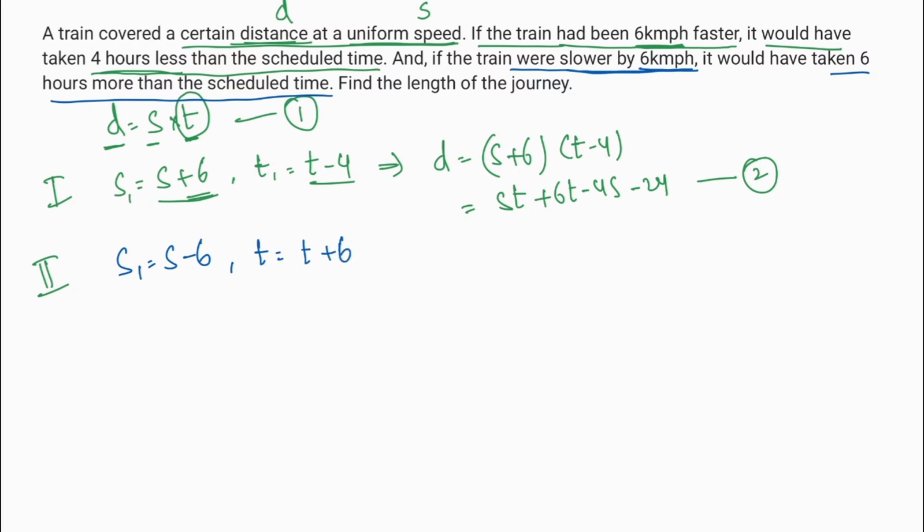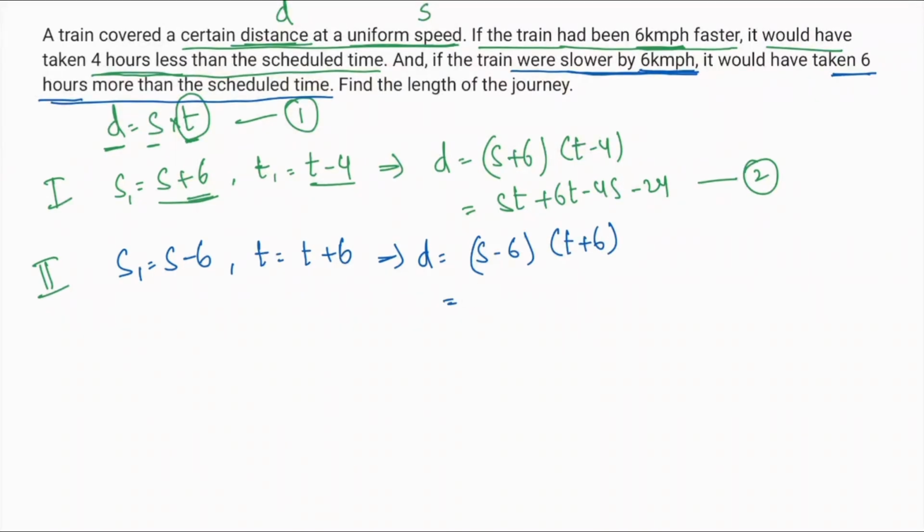See, if the speed was 6 kilometers per hour lesser, then the time would be 6 hours more than the scheduled time. Now what is the distance here? Distance is equal to speed into time. S minus 6 into t plus 6. Now you solve this, it will be st minus 6t plus 6s minus 36. Now take this as third equation.